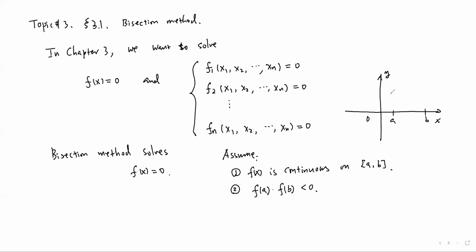Say, for example, the function value at A is positive. The function value at B must be negative. Now the graph is continuous. So by the intermediate value theorem, between A and B there must be a root or a zero of this equation.